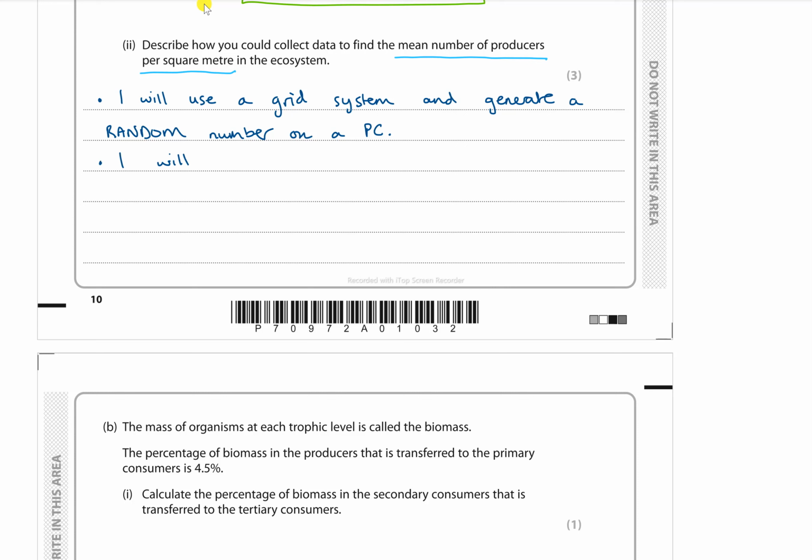I will place the quadrat, not quadrant, it's a quadrat, on the random location.